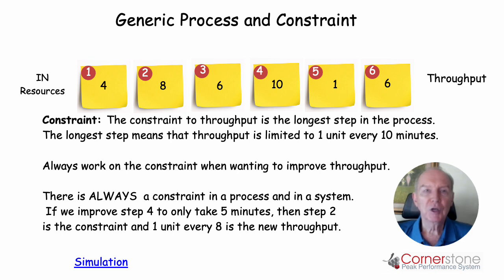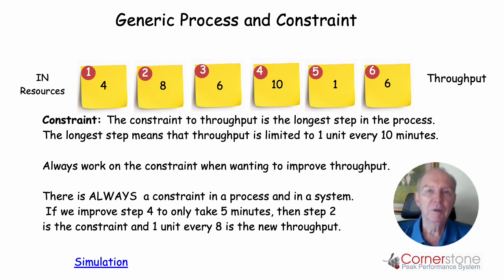The next thing I want to share with you is this idea of constraint. Constraint means holding back. And the constraint is always to throughput. So we're looking here at if we want to increase the rate at which we are approving applications or assembling cars or completing reports, then we look for what is the longest step in the process.